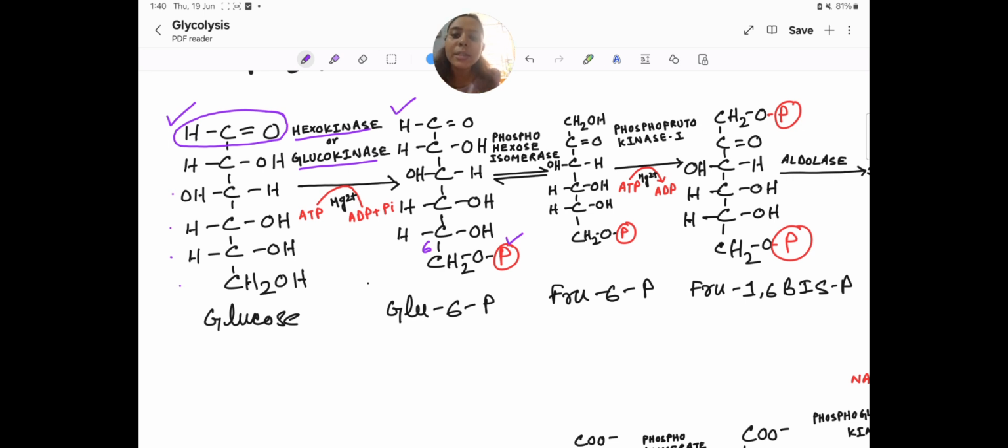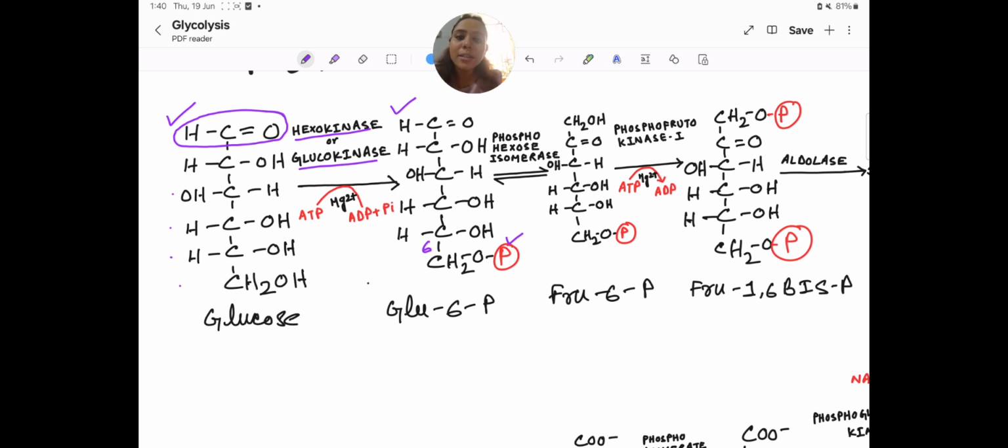Because hexokinase can carry out this conversion at a low concentration of glucose, when a very small amount of glucose is present within our body. Glucokinase only works at a higher concentration of glucose. That is why these two enzymes work for the same step.